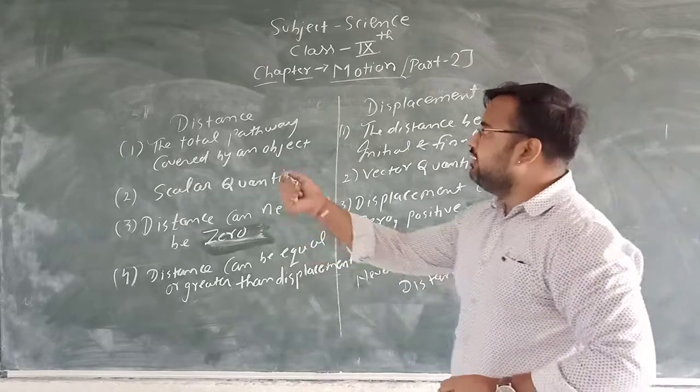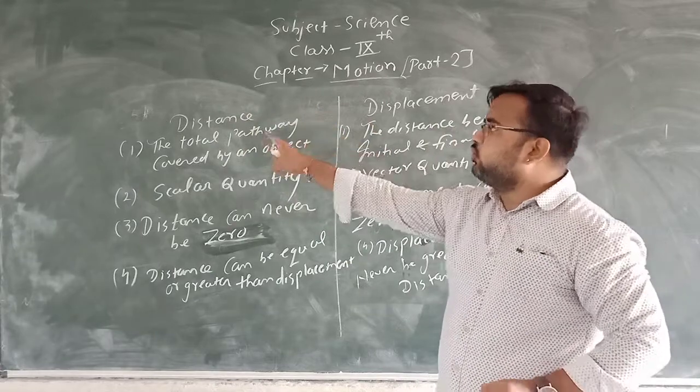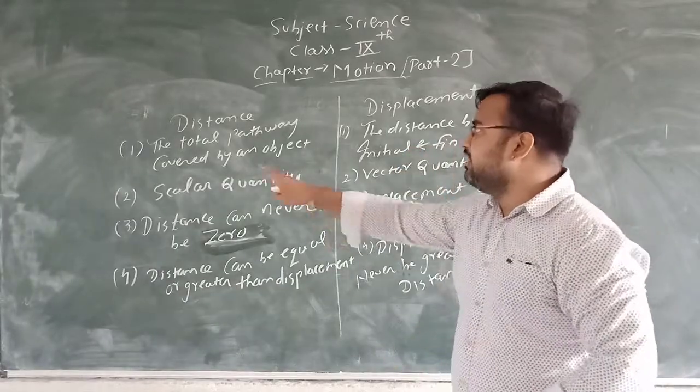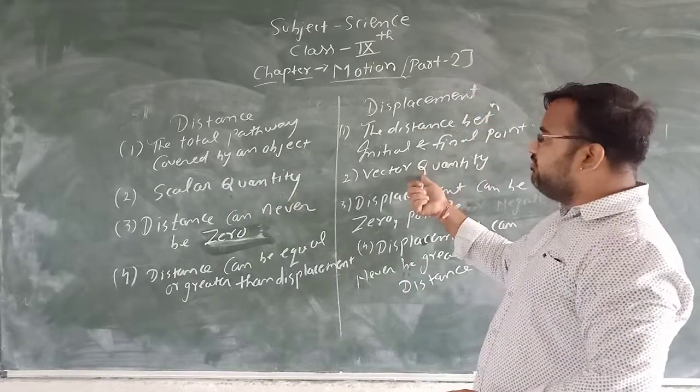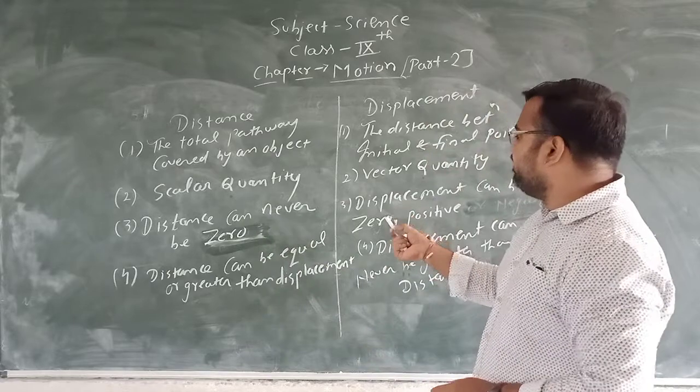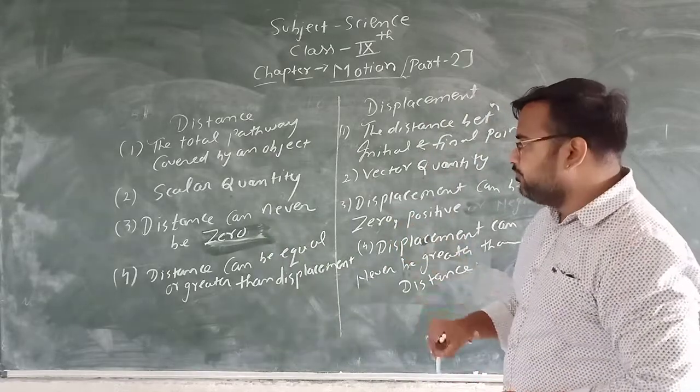So what we can say: distance is the total pathway covered by an object, displacement is the distance between the initial point and the final point. Distance is a scalar quantity, displacement is a vector quantity. Distance can never be zero, displacement can be zero or positive.